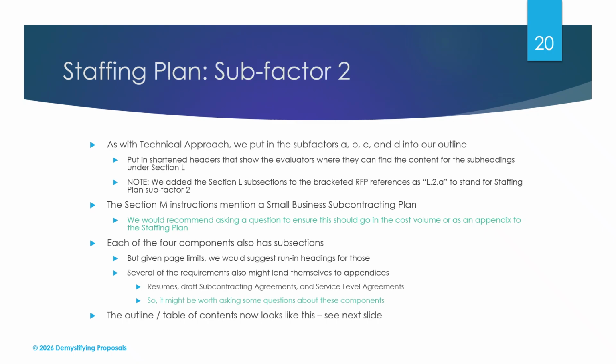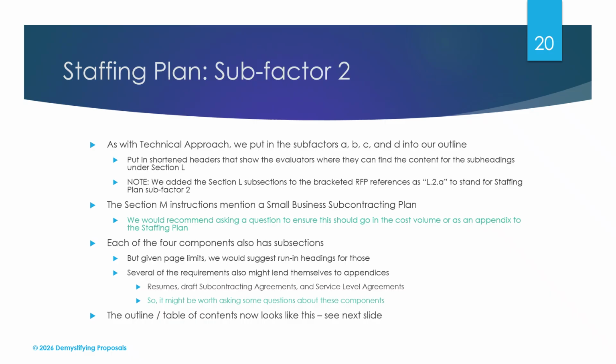Again, all of those things generally I would see as being put in an appendix to the proposal. So again, I would suggest asking some questions to try and get those things moved into appendices so that you can address them more fully, because in 20 pages, you're just not going to have enough room to address them in a lot of detail within the staffing plan section, but you want to provide that information.